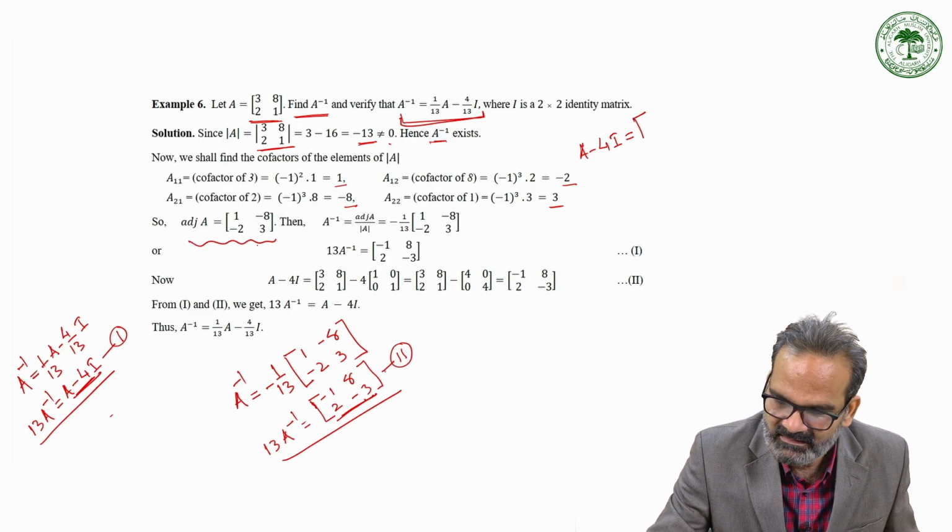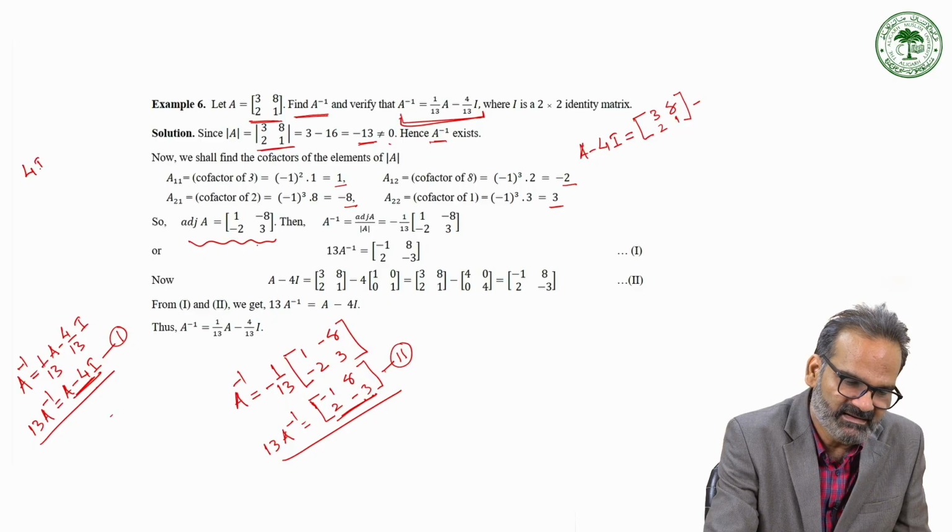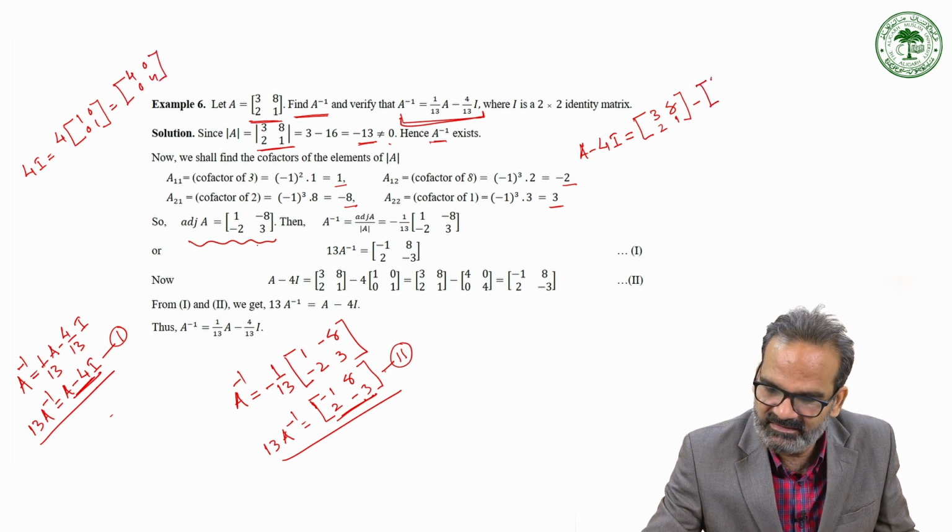A is 3, 2, 8, 1. This is A, right? 4I, you know 4 is a number, I is an identity matrix. So 4I means 4 times 1, 0, 0, 1. You will get here 4, 0, 0, 4. This is the meaning of 4I. So this matrix is 4, 0, 0, 4.